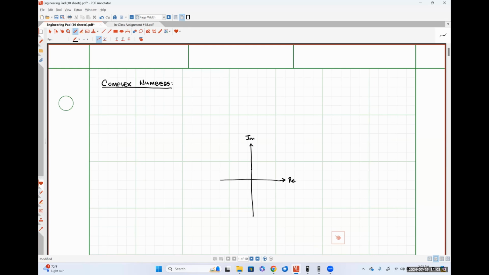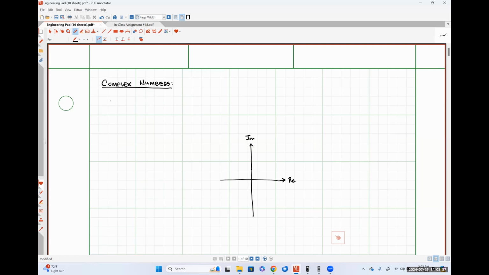There are lots of different ways, I say lots, there are really just three different ways that we can choose to represent a complex number. We're going to talk about those different ways and how to convert back and forth between them before we get into doing any real mathematical operations with them.